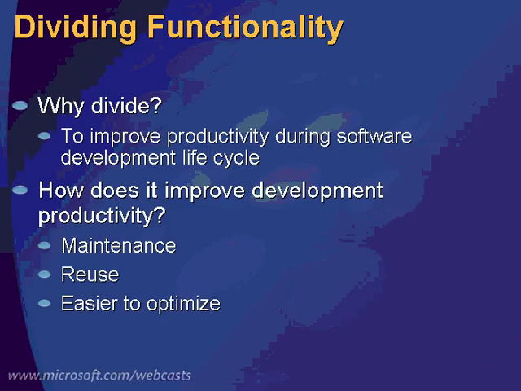And another benefit that we get as well is that it becomes easier to optimize certain areas of our application when all of the functionality for that specific purpose is contained in a single layer. So, for instance, if we find out that it's taking too long to query product data from our data source, if we've encapsulated all of the functionality for data access within a single data tier within our application, then we know we can focus our attention on optimizing the code that resides within that single data tier.